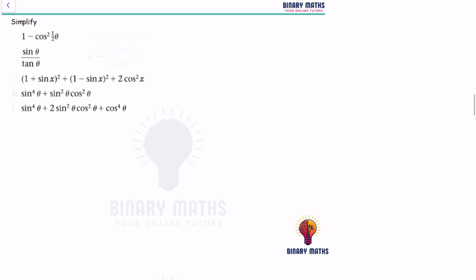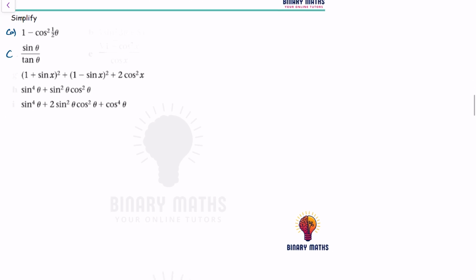Okay, simplify these ones. So A, B, C, D, and E. So 1 minus cos squared half theta. Because 1 minus cos squared theta is equal to sine squared theta, it's the same thing as sine squared half theta. So again, I'm using sine squared x plus cos squared x is equal to 1, but our x here is half theta.